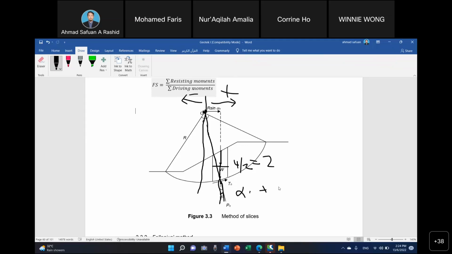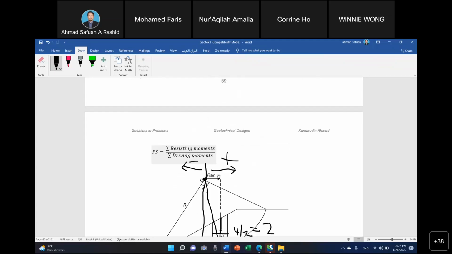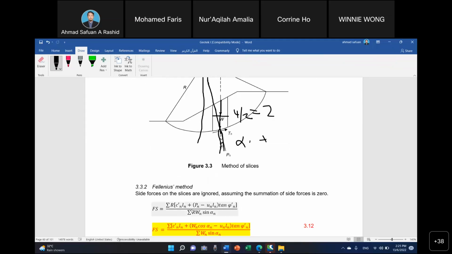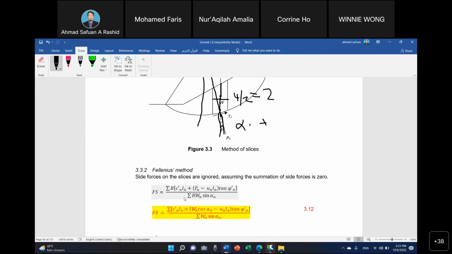The rest, you need to put in the other parameters and then try to get the value. For example, this is the first sub equation, this is the second sub equation, and this is the third sub equation.